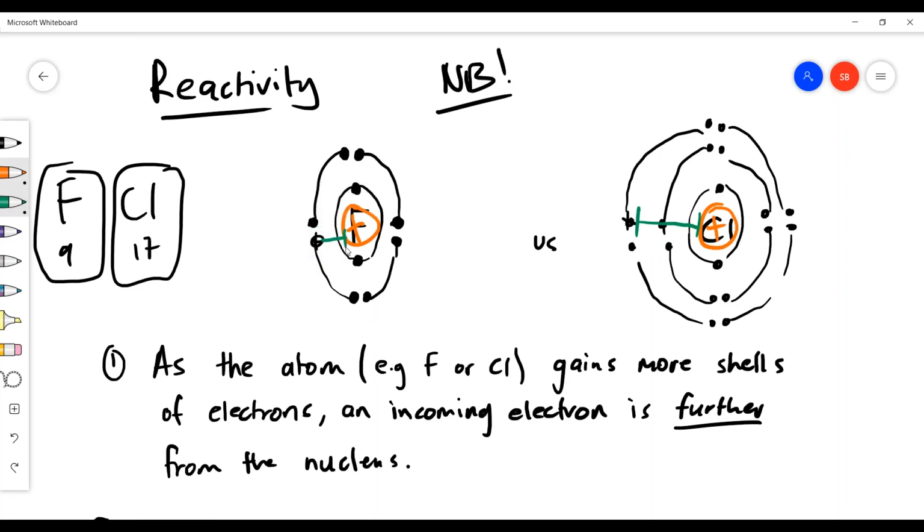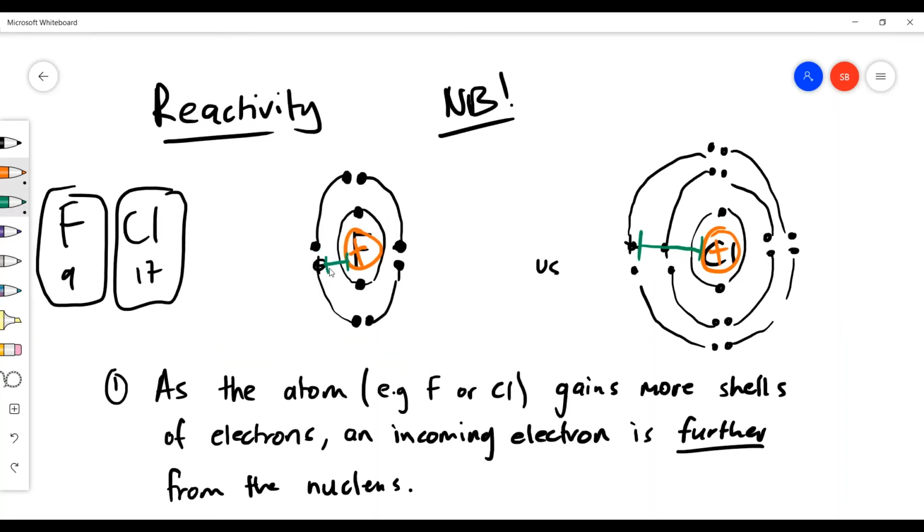Because the distance is closer in the fluorine than with the chlorine, it means that it's got a stronger pull, a stronger force of attraction to the nucleus. So if you had an electron just waiting to be pulled, it's much more likely that fluorine is going to pick up that electron, because it doesn't have that many shells to get through to get to this positive nucleus.